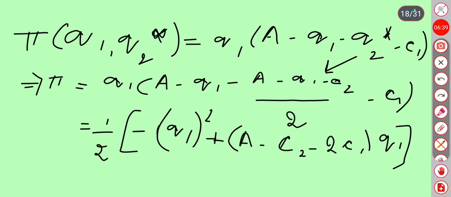The factor 1 by 2 is taken outside, and all the terms are inside the square bracket. Multiplying Q1 by minus Q1, we get minus Q1 square plus (A minus C2) Q1 minus 2C1.